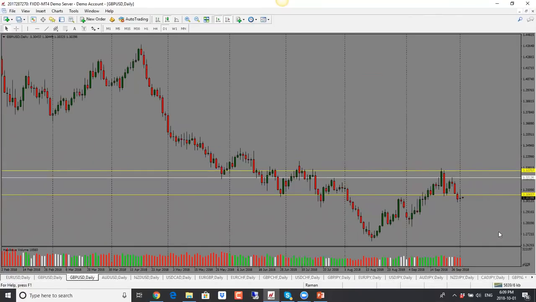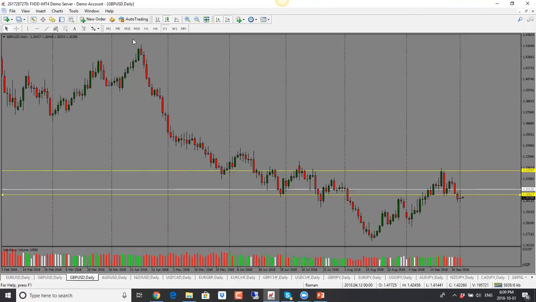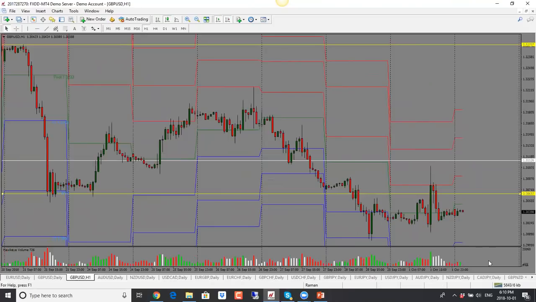Pound dollar here. Pound dollar was interesting today. We did see that move up in the British pound earlier, but it has closed with a doji. So we have a large pin to the upside that suggests that price is likely to drop. If we look at the 1 hour chart, we see that price pushed up and then dropped from there.